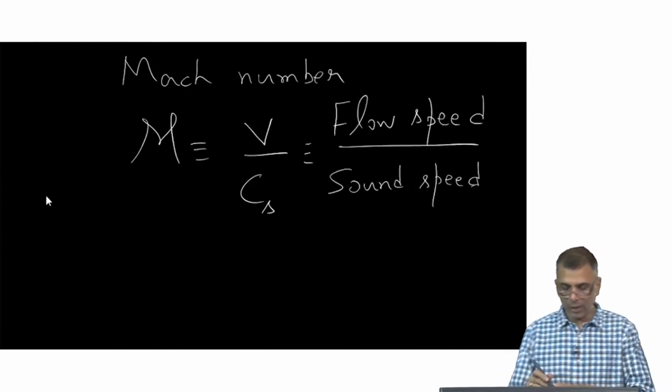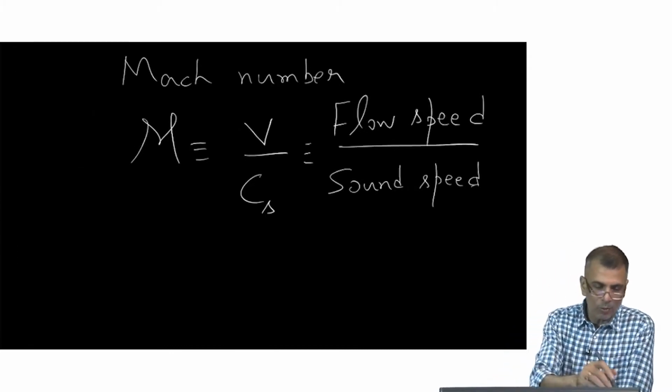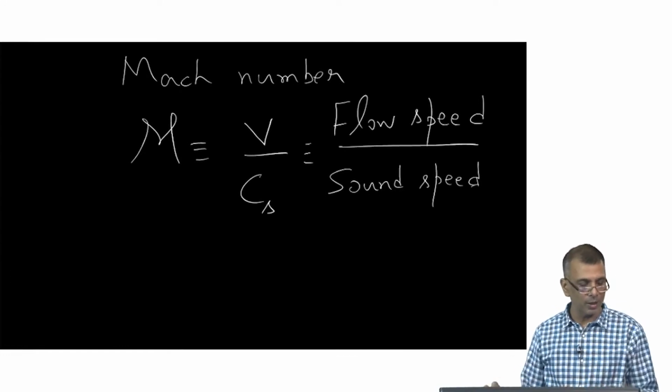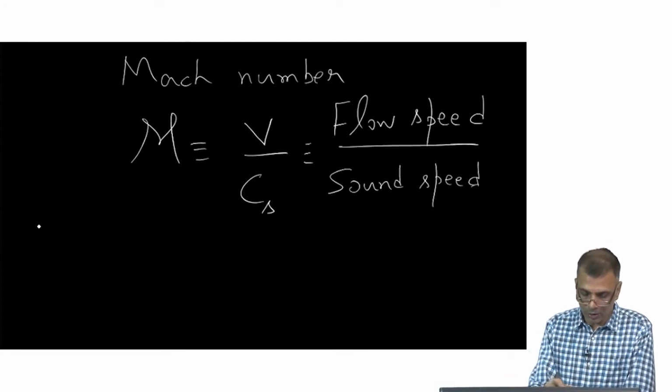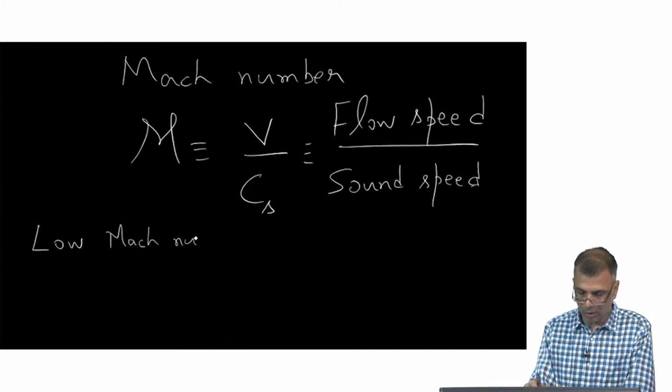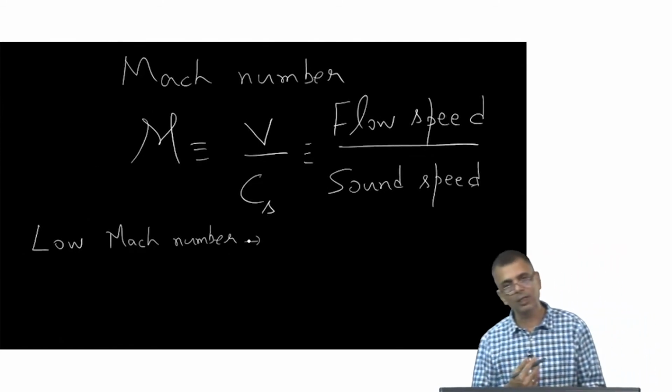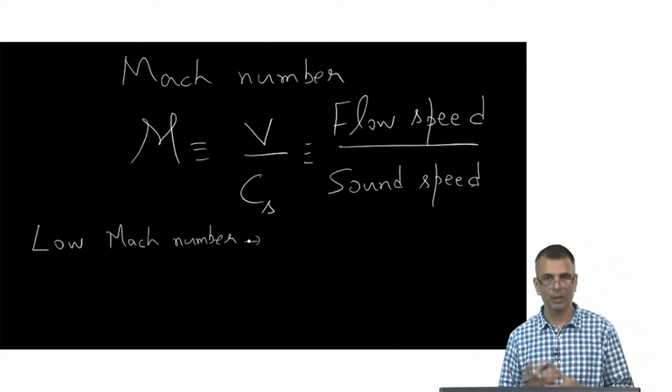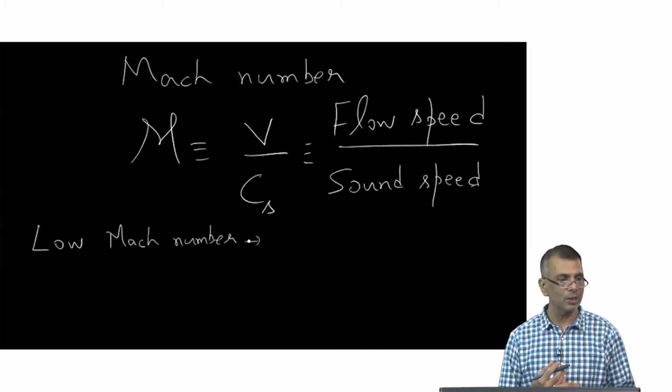And generally, low Mach number, and we will justify this later. Low Mach number situations essentially mean that the pressure gradient term is more important than the inertial term, because that's what the ratio is.